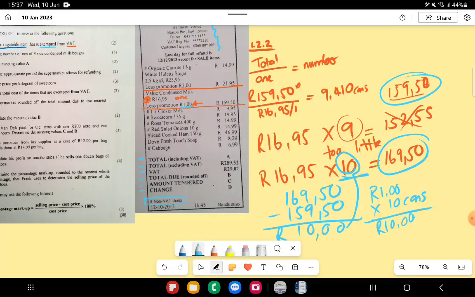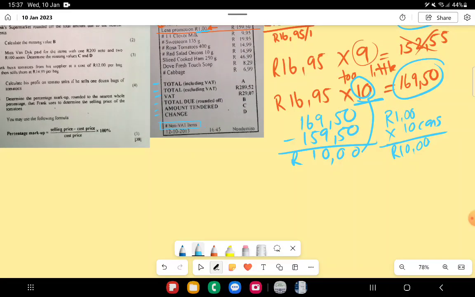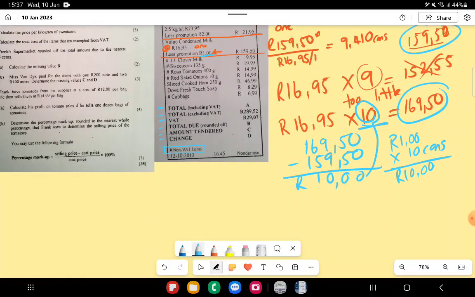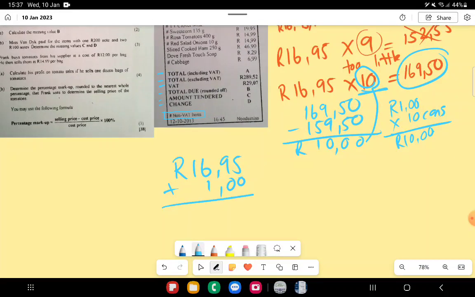So what have we concluded? We now have concluded that if it is 1 rand difference, we could say 16 rand, 95 cents plus the 1 rand per can gives us 17 rand, 95 cents.